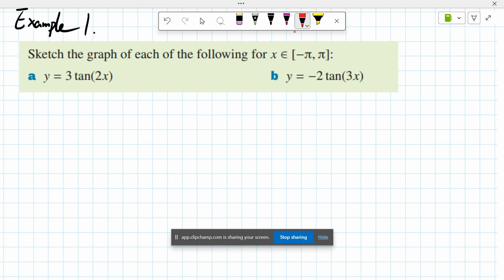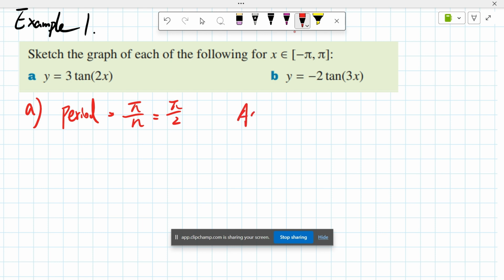So let's start with 3 tan 2x. First thing first, let's find the period. That equals pi over n, which is pi over 2. So your period is pi over 2.